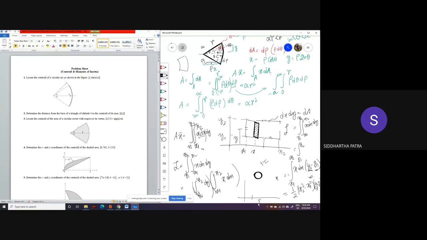You can have r1 and r2, so this one is r1 and this one is r2, and this angle is theta 1 and this angle is theta 2. So in the r theta coordinate system, that circular segment, the portion of that circle, is essentially a rectangle in the r theta coordinate system.